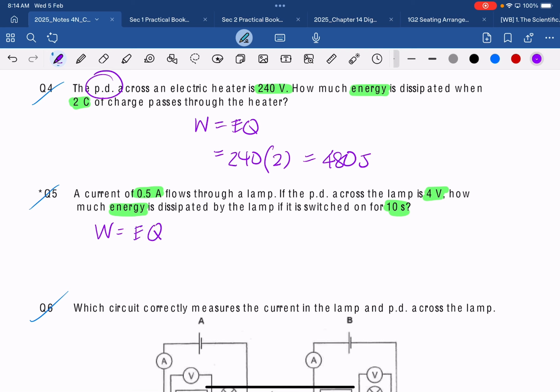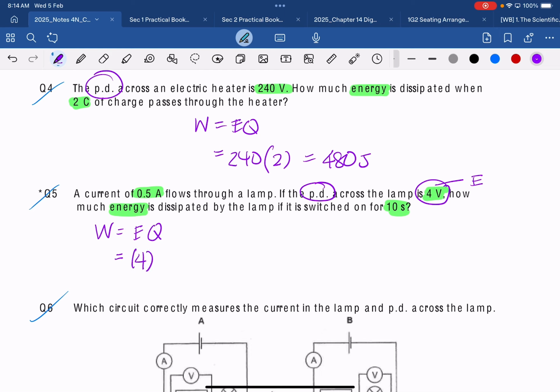I will write down the formula that enables me to find my answer. Then I will double check to see whether I have all the information there. That means I will basically need my E. Do I have my E? Yes, this is my E, EMF, okay? It can also be PD, okay? This is my E, so this is my 4.